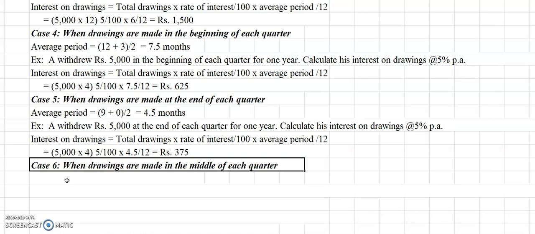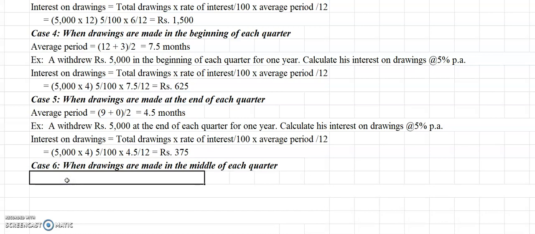After that, how many months are remaining? 10.5 months. Then the last quarter is October, November, December, so November 15th is the middle of the last quarter. So the average period is (10.5 plus 1.5) by 2, that is 6 months.